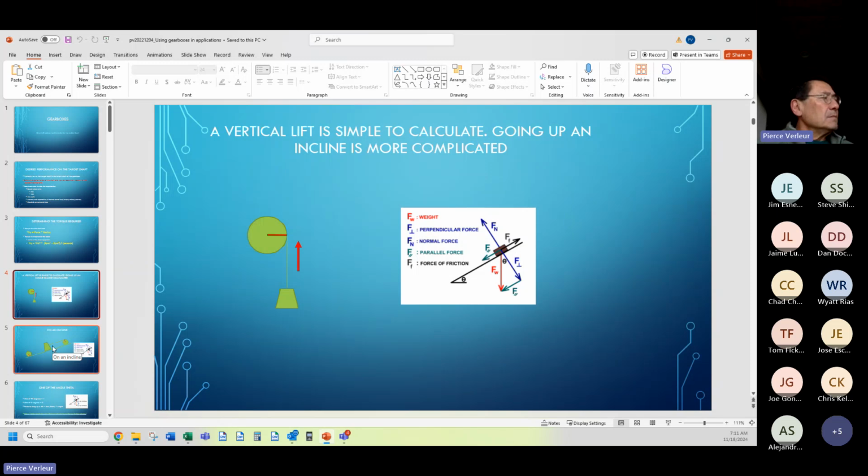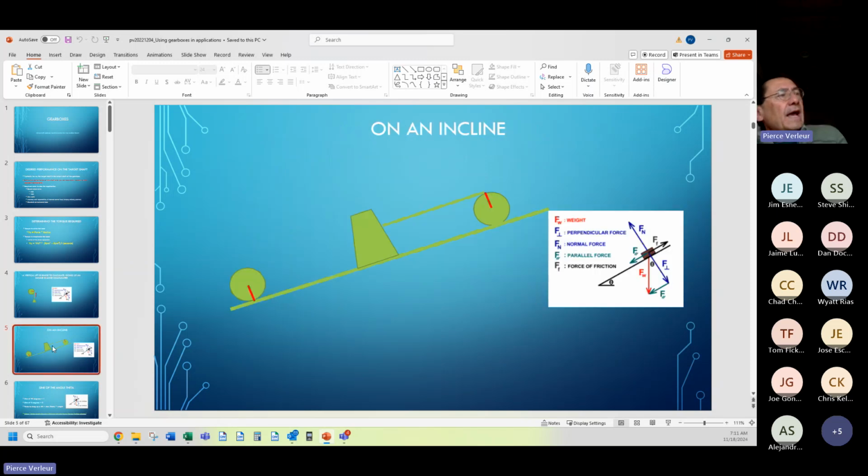So on an incline, we have more things to deal with, but the basic radius and force vector are still in play. We have to add other things. So whereas we have an angle of theta of 90 degrees in a vertical lift, let's just call this 45 for the sake of our discussion.